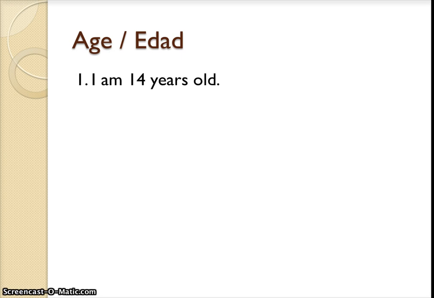Okay, so how would you say I am 14 years old? Well, we are talking in the yo form because I am. So what is the yo form of tener? Tengo.